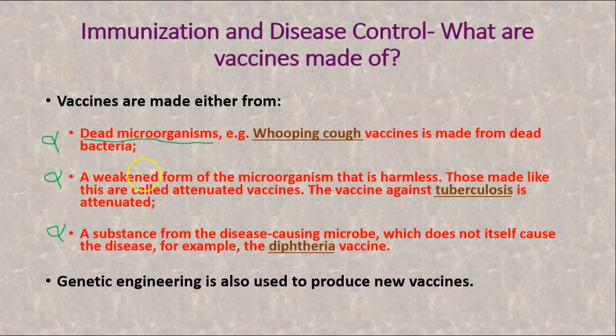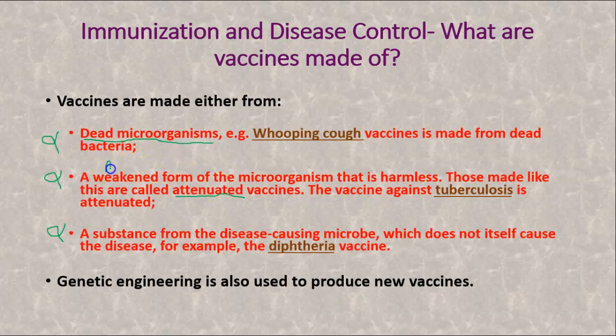You could also use a weakened form of the microbe, which is harmless, and vaccines made like this are called attenuated vaccines, containing a weaker or mild form.